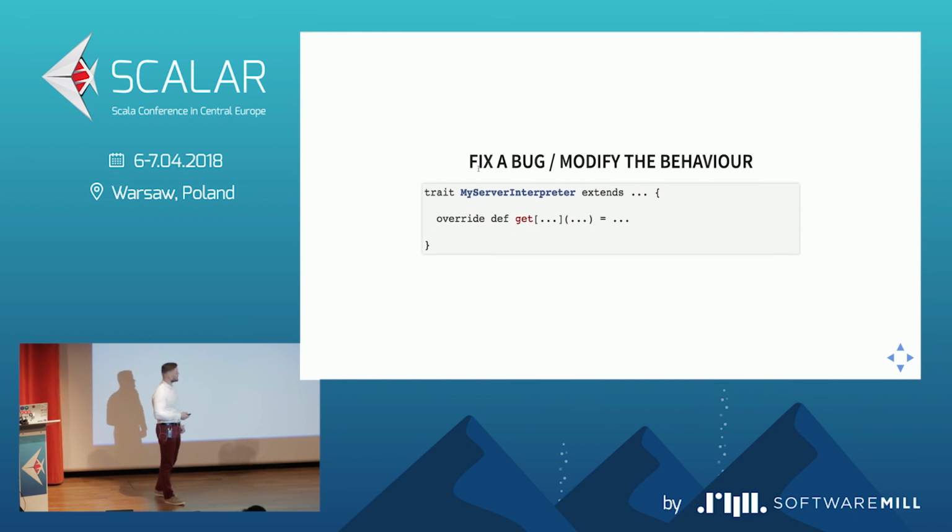And the third advantage is that it's extremely easy to fix bugs or accommodate the implementation to your needs, because let's say you want to add cross-origin resource sharing headers to your responses. And maybe there's no support for that. So you basically override a specific method. You give it a new meaning. You add your custom code there, and it works.